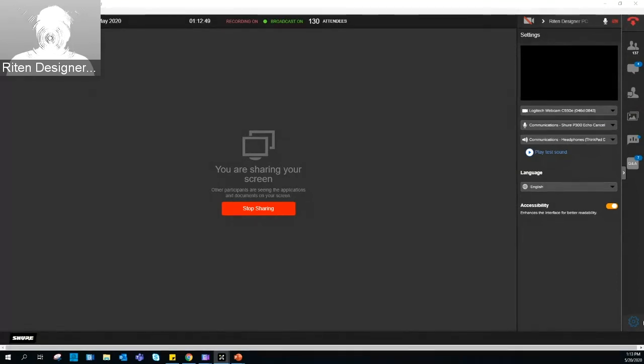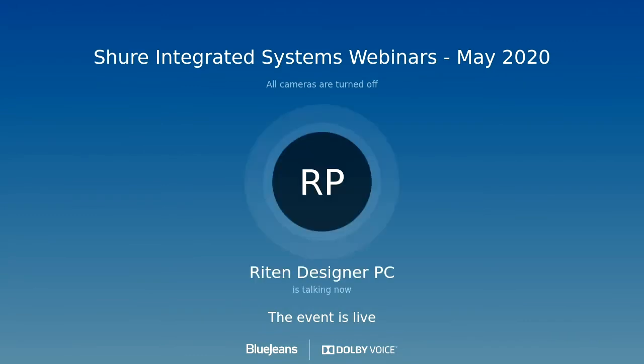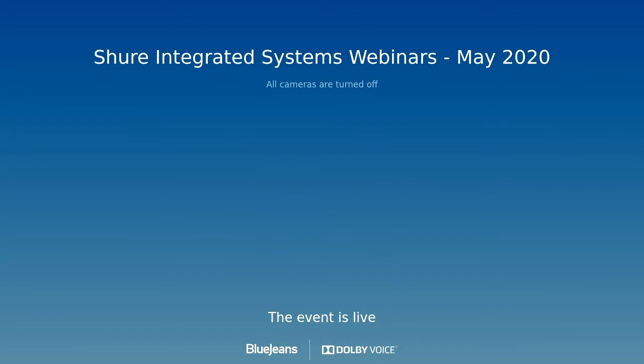Okay, now I will switch to MXA 910 with IntelliMix Room DSP. For that, I'm going to mute this microphone and unmute my IntelliMix Room PC, which is running with MXA 910. So for that, let me stop sharing and start sharing.